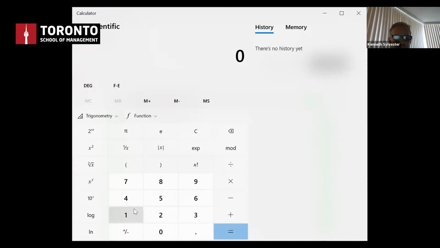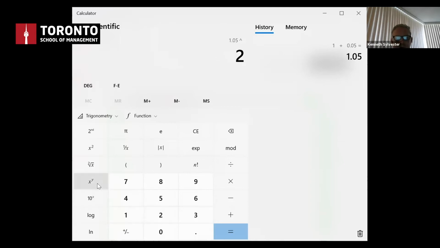Okay, so let me use this formula. I have 1 plus 0.05. Now I need to raise that to the power of 2. So I hit the x to the y button, which recognizes the x, the base.